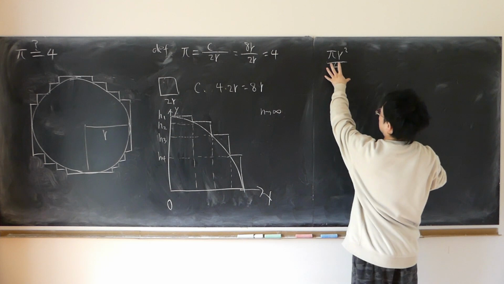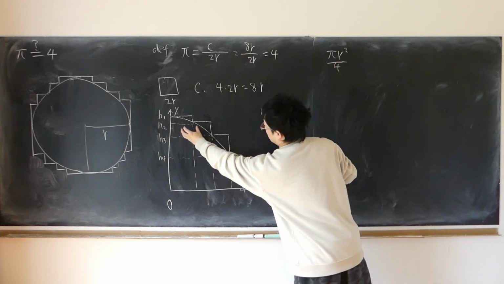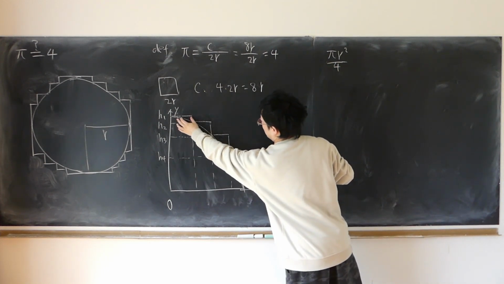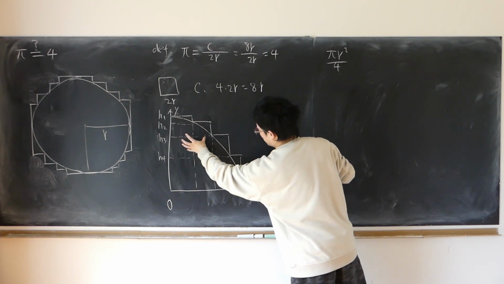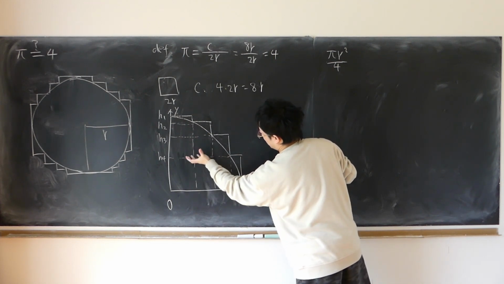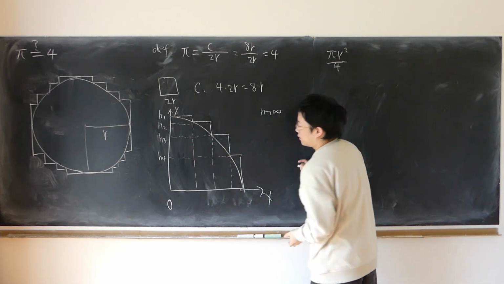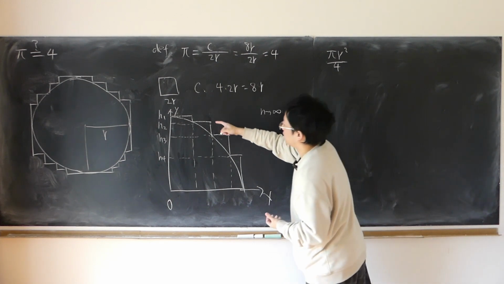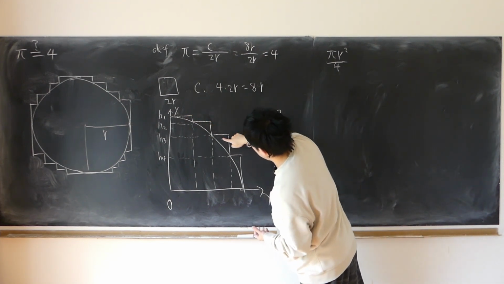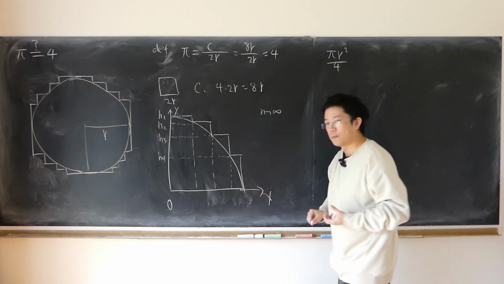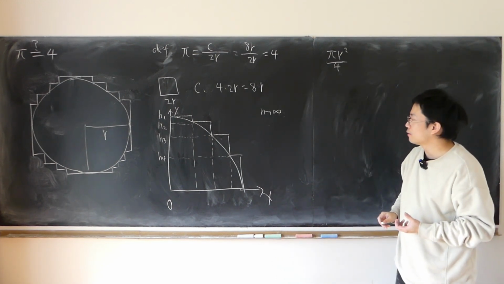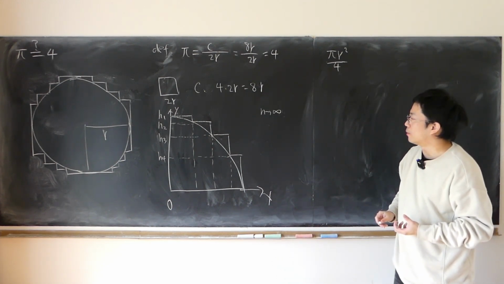That's its limit, the limit of the sum of areas of these rectangles, really approaching 1/4 of the circle area. So in other words, the sum of the areas of these curly little triangles is really approaching 0. So no problem.